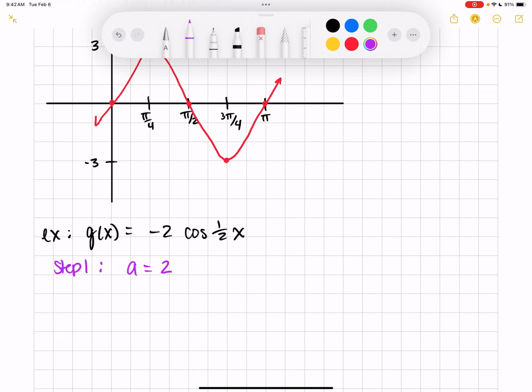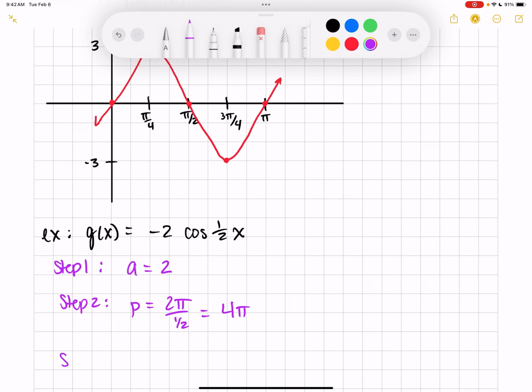It's 2. It's the absolute value of the number that's there. The negative is going to tell us something else. Step 2, what is the period? 2 pi over 1/2, which is what? Keep, change, flip. He says 4 pi. 4 pi.